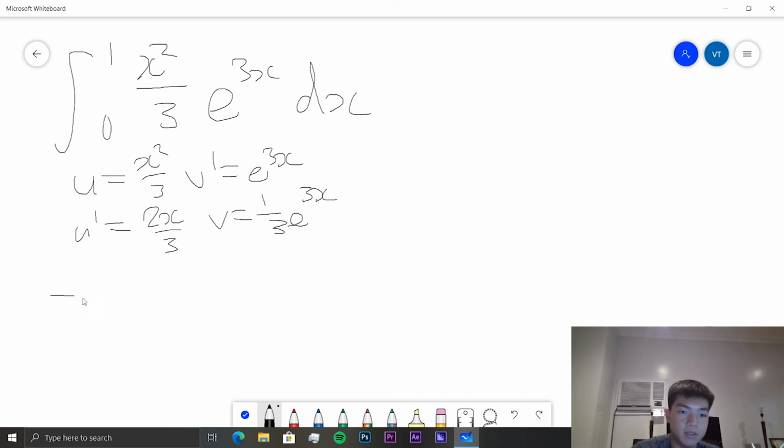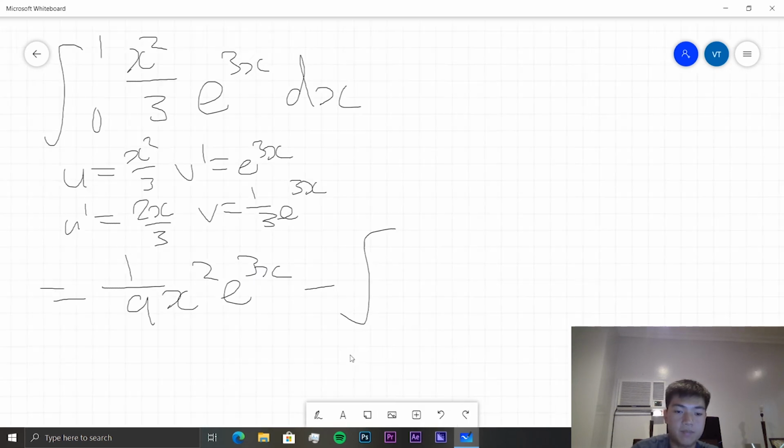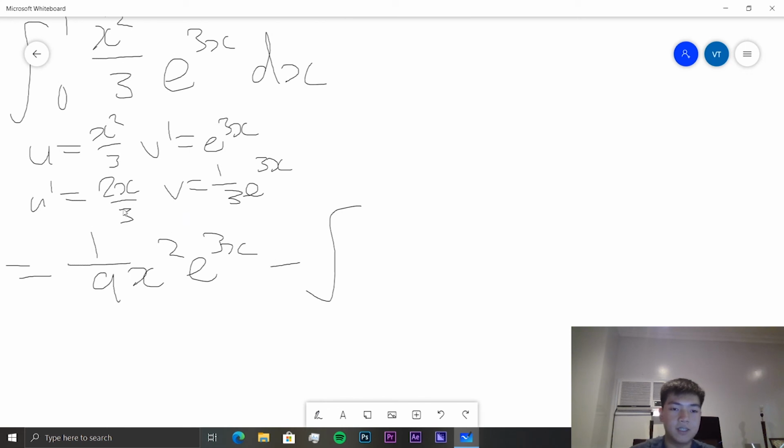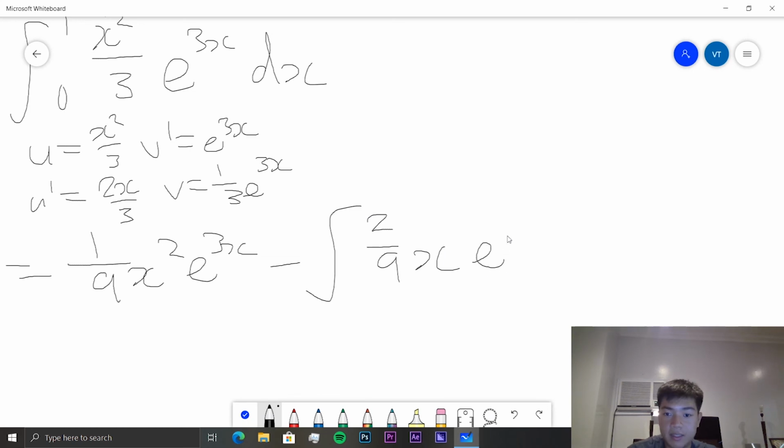So this is equal to 1 over 9 x squared e to the 3x minus the integral of, I'll put the limits in later. Let's just differentiate first. u prime v, so we have 2 over 9 x e to the 3x.